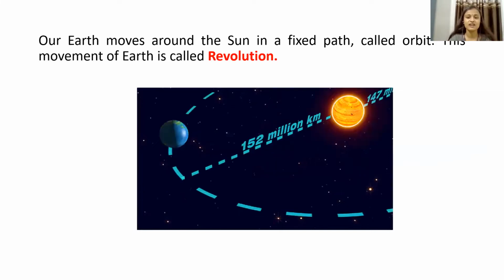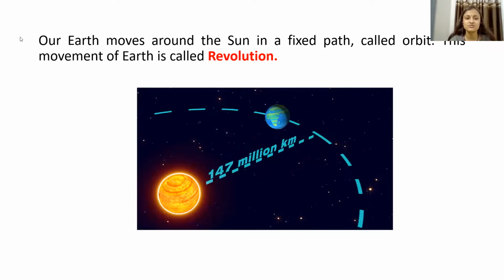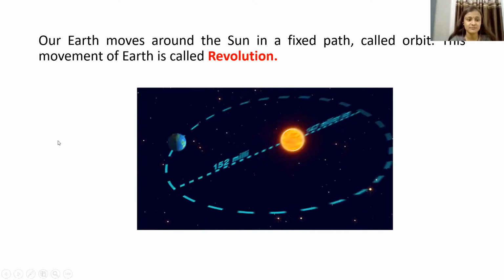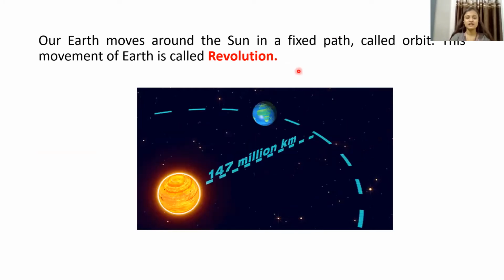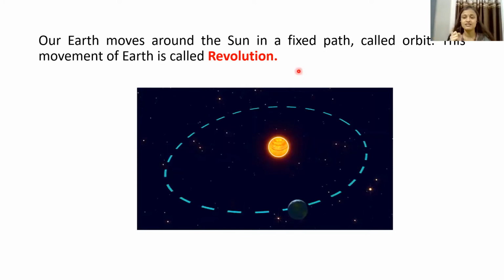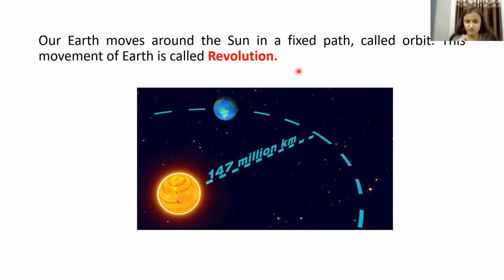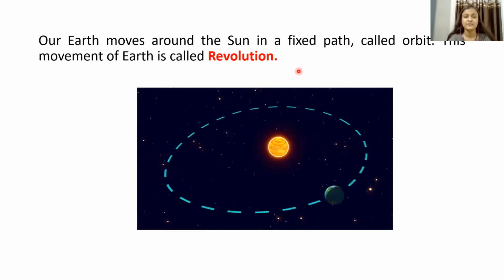Earth is moving around the sun on its own orbit. So orbit is what? It is a fixed path, as you can see here. This movement where our Earth is moving around the sun is called revolution.